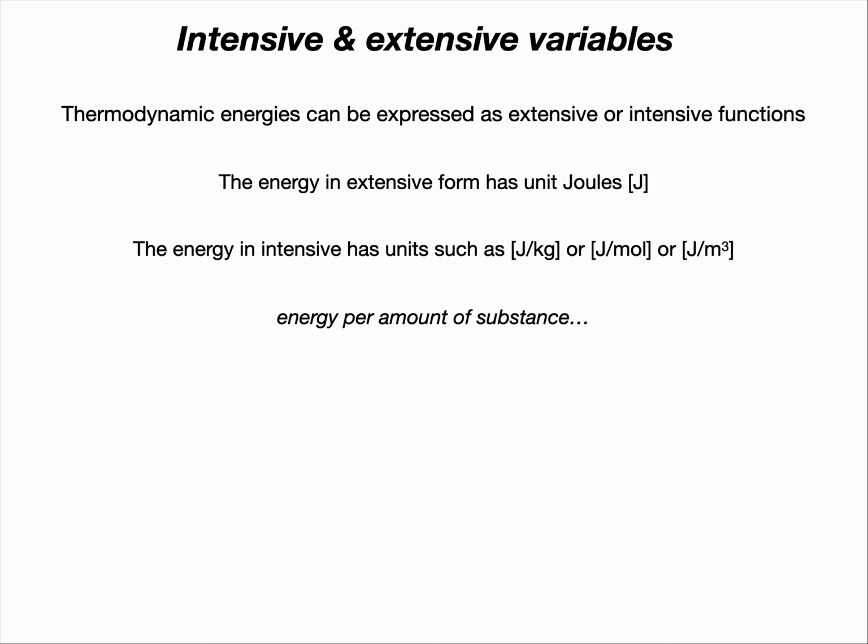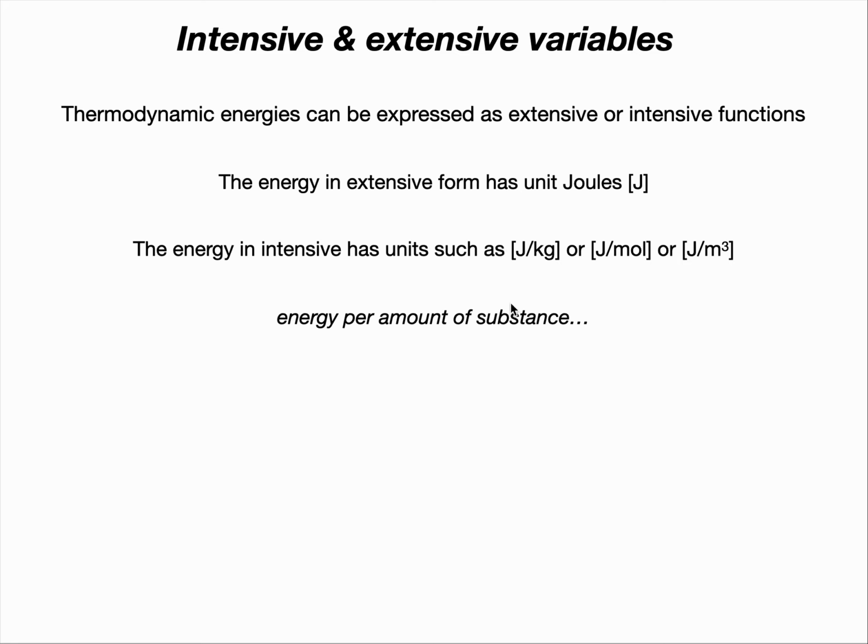Thermodynamic energies can be expressed as extensive or intensive functions, so we have to be careful. The energy in an extensive form will always be formulated in joules, the unit of energy. But in intensive form, it will have units of joule per kilogram, joule per mole, or joule per meter cube, depending on the field.